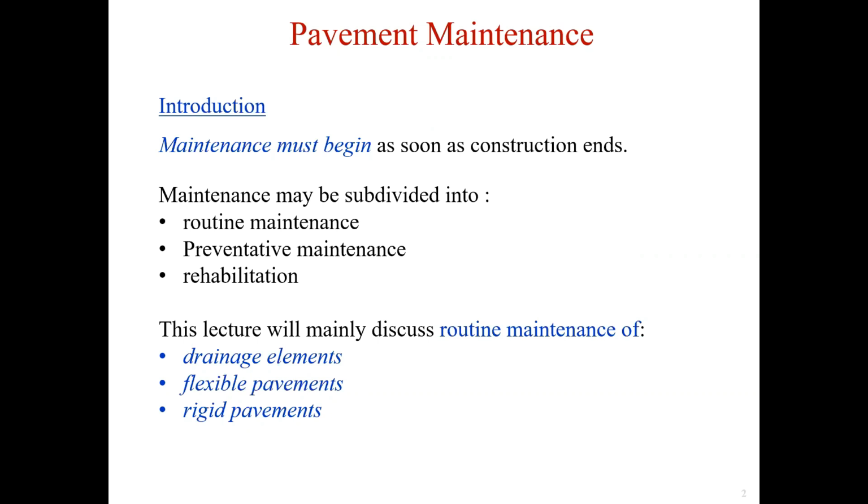Rehabilitation includes works that target roads with road quality deteriorated significantly or which display inadequate structural capacity for current or future traffic loading. This lecture will mainly discuss the routine maintenance of drainage elements, flexible pavements, and rigid pavements.